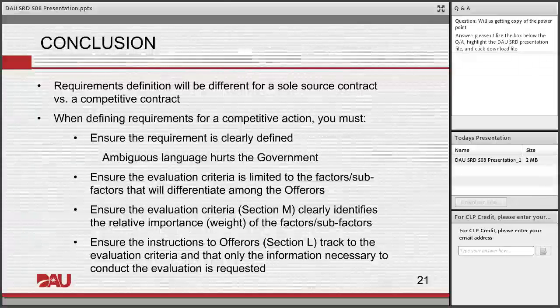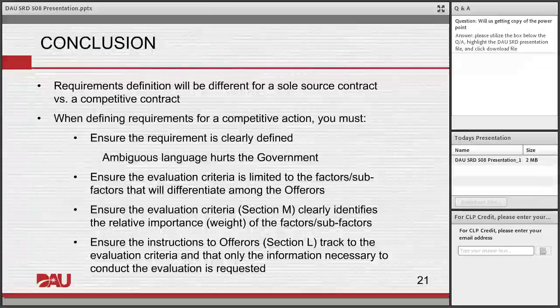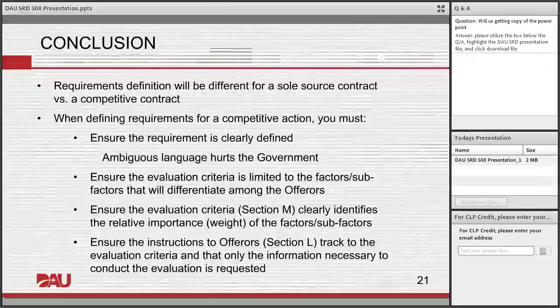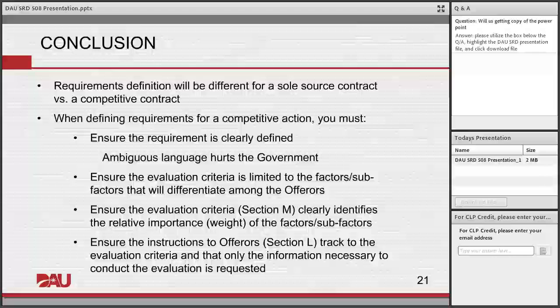When you're buying an item, you may very well have a mil spec that you have to adhere to. And in that case, performance work statement may not be conducive to that, but you could use a hybrid. You could use the mil spec for the direct pieces and performance-based for maybe associated services. But if it's a service, it's more performance work statement.